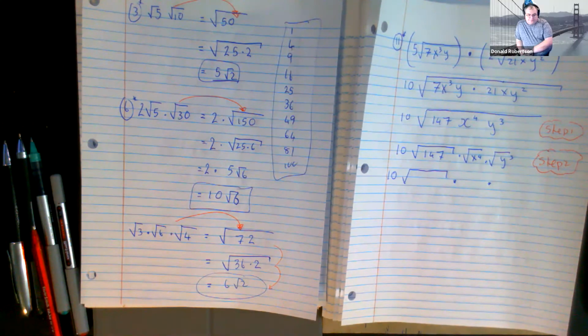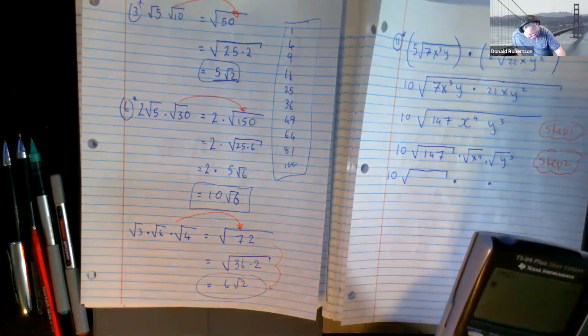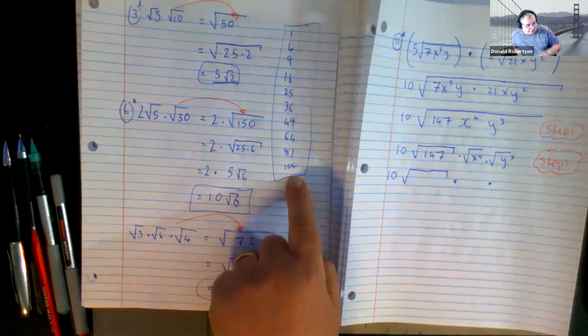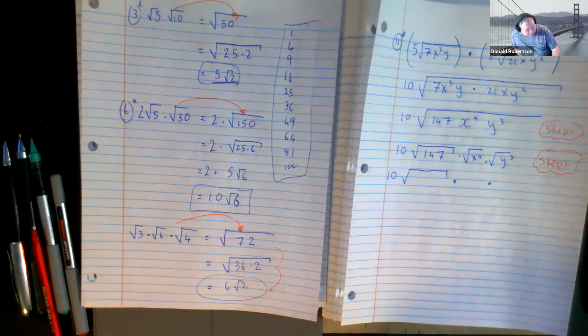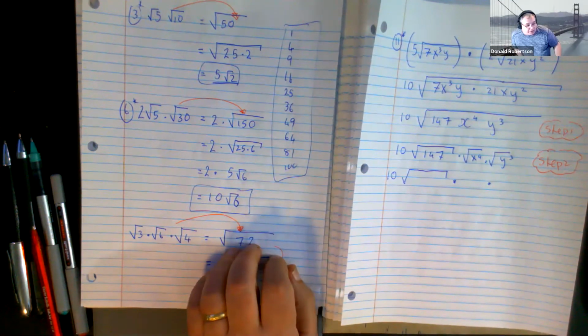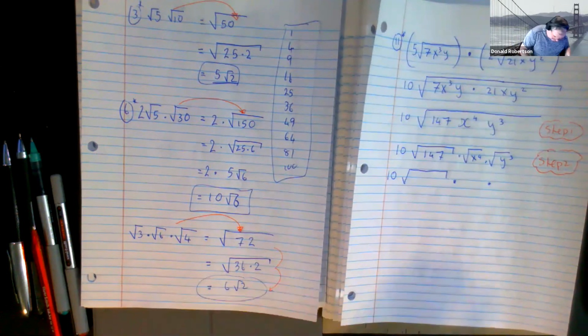Well, 7 and 21 do multiply together to give you that, but we must use a number from here. And 7 and 21 are not in this list, so I can't use it. But you're right, 7 times 21 does give you this. It's 49 and 3. What do you think, Sarah? 49 and 3? Yeah. Yeah, just a different combination of the guys you used.